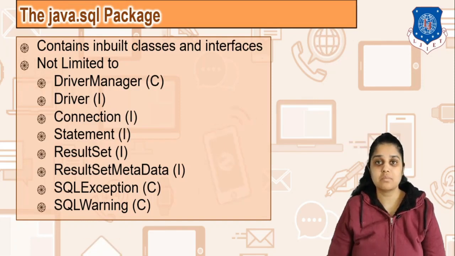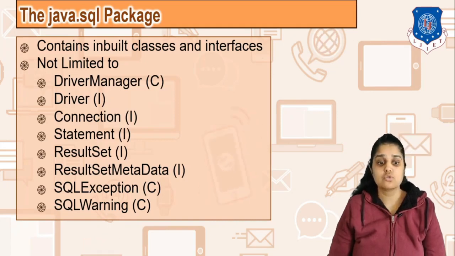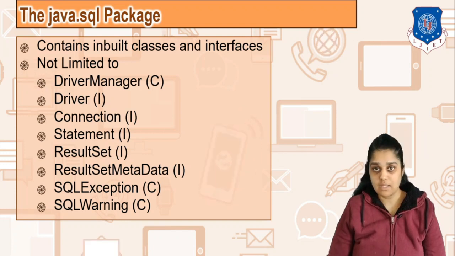Next is your Statement interface. The Statement interface is going to help you to fire your SQL queries like insert, update, delete, select, create a table, drop a table, whatever. So all your queries that you are writing can be written in the form of statements. So this interface helps you in that way.